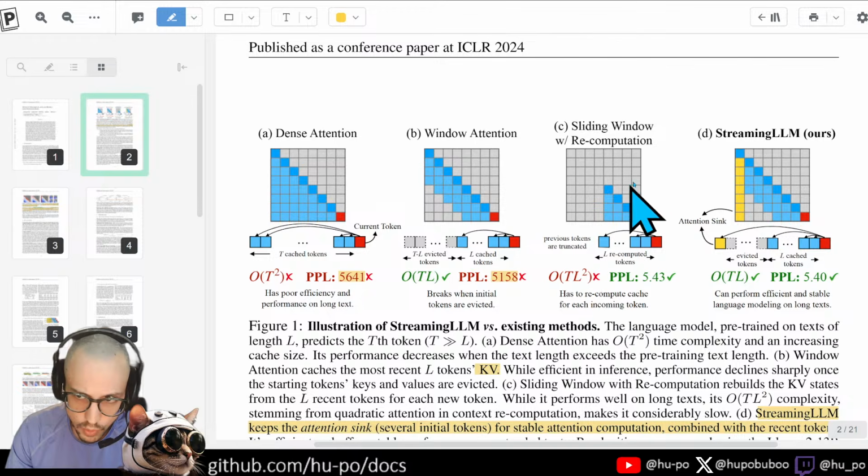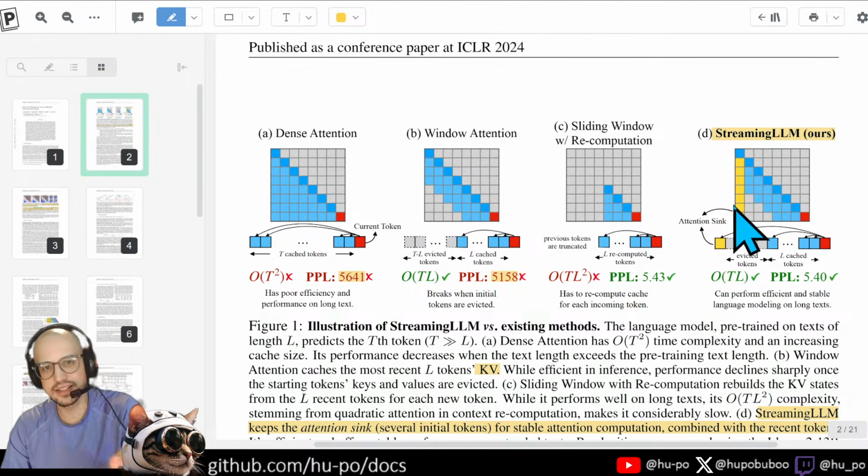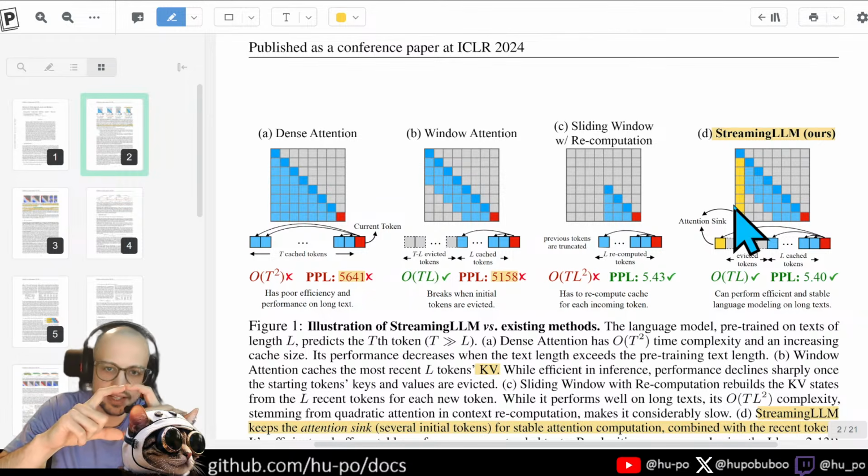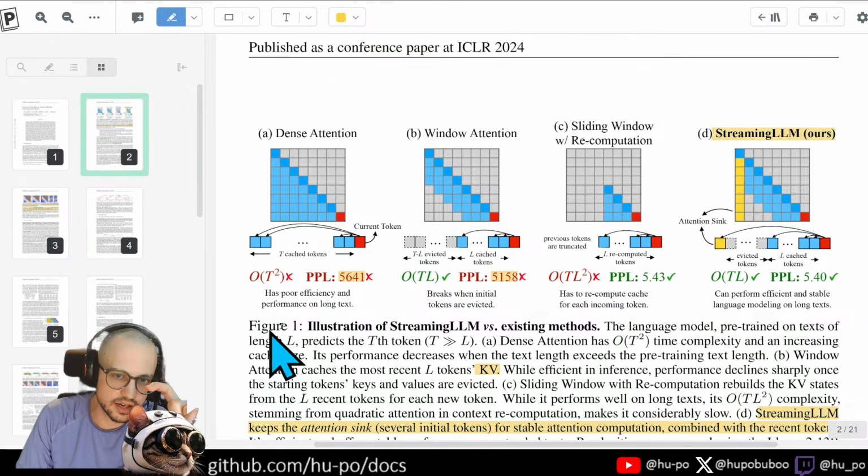So what people do now, or at least what OpenAI is doing, is these attention sinks, where basically they create this column, right? One way to think about what's happening here is, if you remember the streams we did about Mambas and SSMs, these RNNs, these linear attention models that have a hidden state that is lossy, but because it's always the same size, it allows you to get rid of this O of n squared trap, right? So an attention sink is basically that same kind of hack, but applied to standard attention.